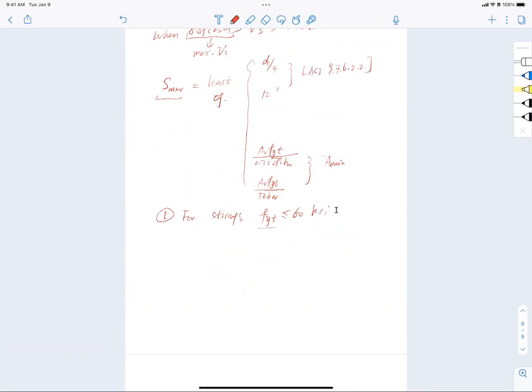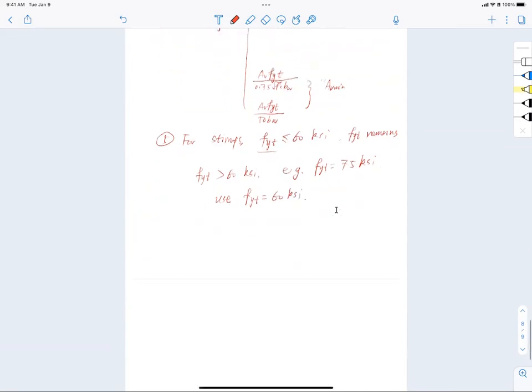So fyt equals fyt, but for fyt greater than 60 ksi, for example fyt equal to 75 ksi, sometimes happens, right? You have high strength stirrups, usually not so often, but what you do is you use fyt as 60 ksi. Means that the maximum yield strength for the shear stirrups has to be kept, and this you can find from ACI 20.2.2.4.